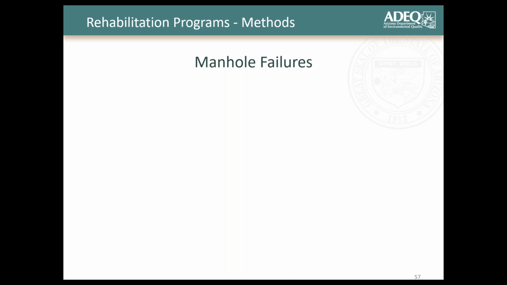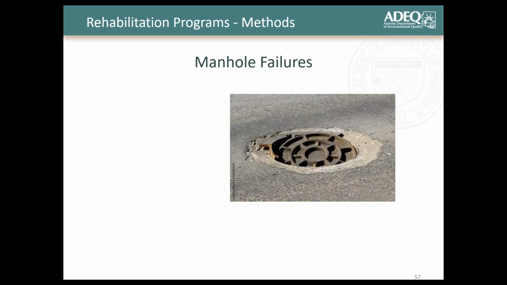Another major part, outside of your line repairs, is your manhole failures, right? There are different types of manhole failures, and I thought that was a cool picture because I've seen manhole lids actually, because of bad maintenance, drop into a sewer line and create a blockage or a backup itself. And there's the immediate danger of people falling in, or traffic or cars actually falling into an open structure, right?